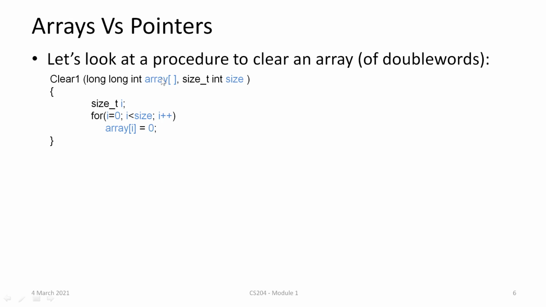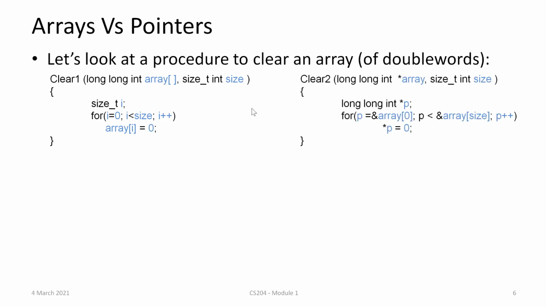Here, this is the pass by value example, and we can achieve the same thing with pass by reference, where we pass the pointer to the array and we still pass the size of the array.